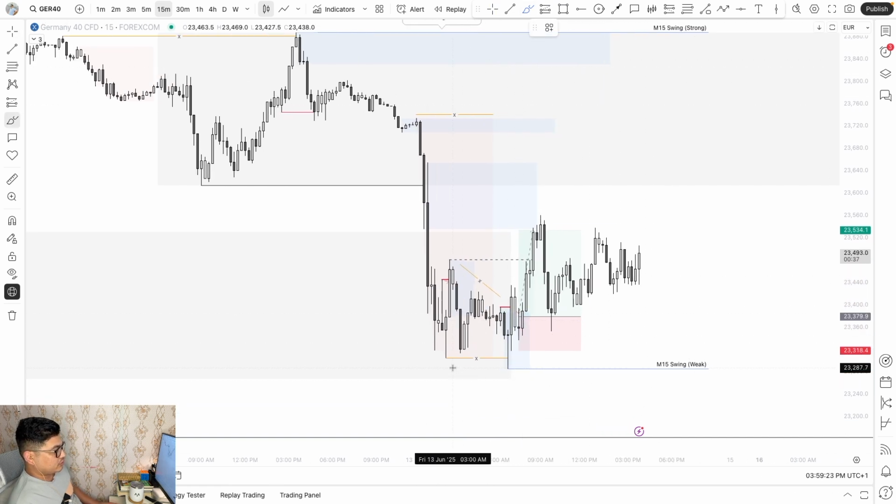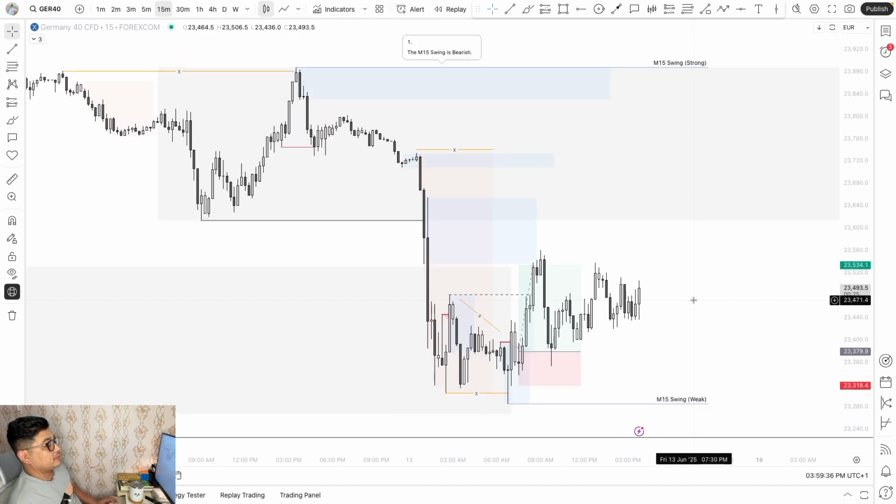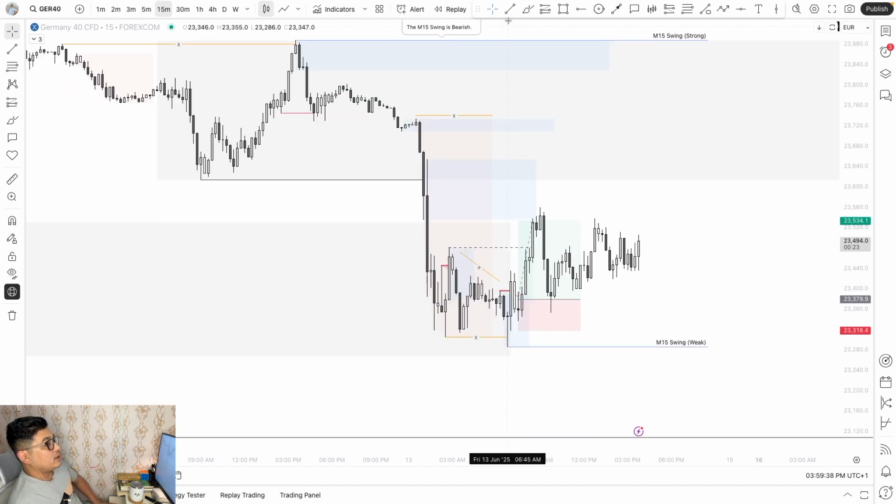The liquidation was with the Asian low. With the liquidation, all the supply had already been mitigated. So that was the only last supply zone which was left if this price wanted to remain bearish. What happened next? After the session open at Frankfurt, price just smashed through the supply zone.